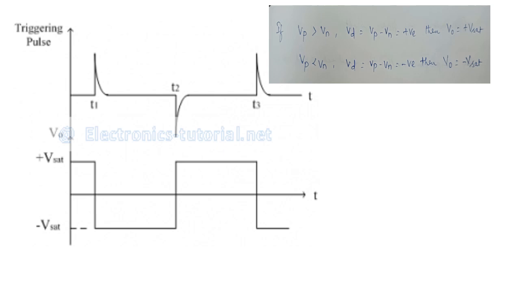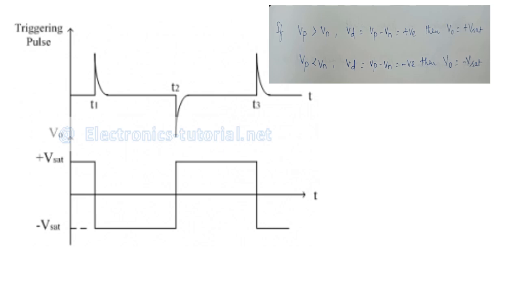Since Vn is 0, the condition Vp greater than Vn applies, because I am getting some voltage at the positive point. So the differential voltage is positive, and my output voltage is the positive saturation voltage. Here you can see that in the standard line up to T1 we have positive saturation voltage.